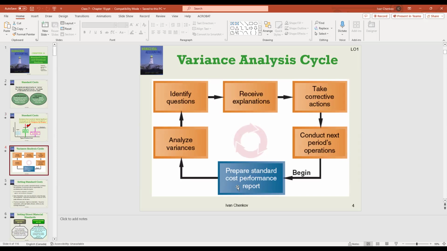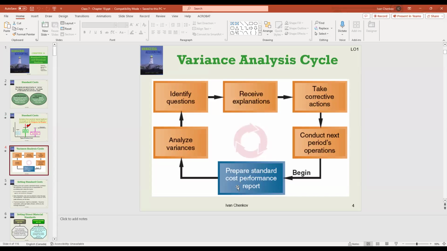Once we identify the questions, we're going to address them to the person who is responsible for that particular part of the cycle in our company, and we're going to wait to receive the explanation. Once we receive the explanation, then we're going to take corrective action. We're not taking corrective action before getting the explanation and before identifying questions.